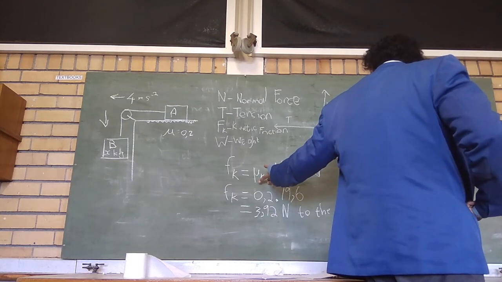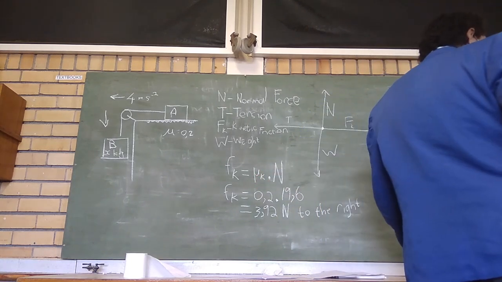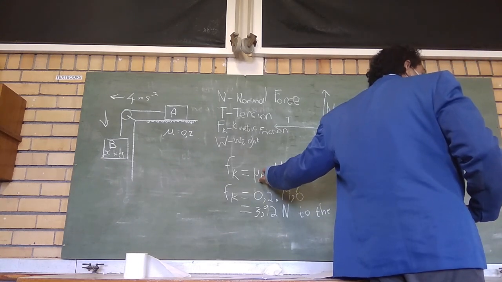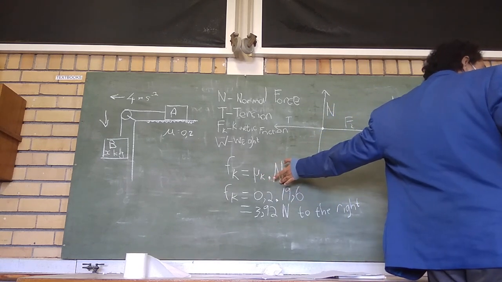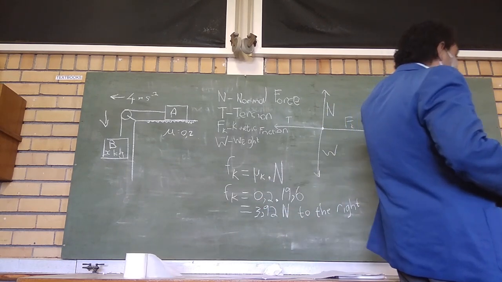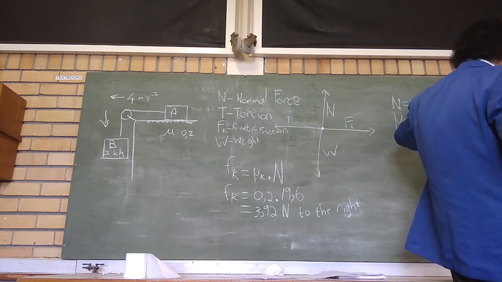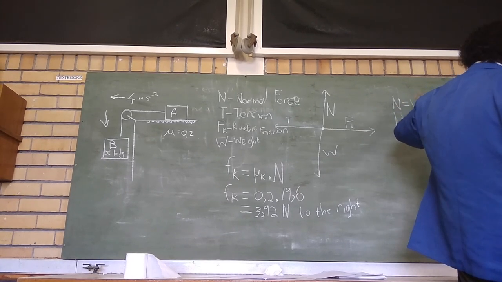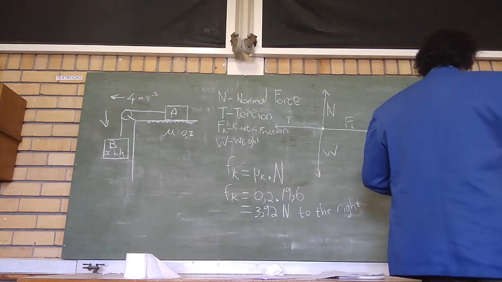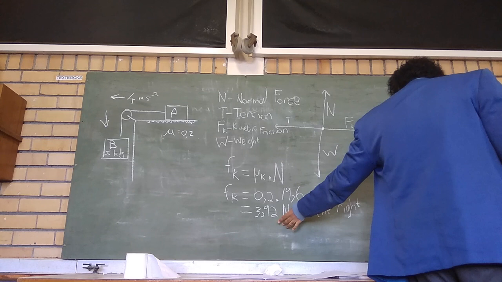This is the formula. You basically plug it in and you get 3.92 meters to the right.